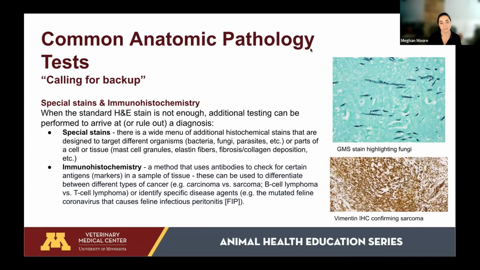Similarly, there's something called immunohistochemistry, which is essentially a fancy term for using different markers that cells produce to try to identify what those cells are. An example would be if your dog or cat is diagnosed with lymphoma, we can further subtype that into a B cell lymphoma or a T cell lymphoma based on the immunohistochemistry markers.